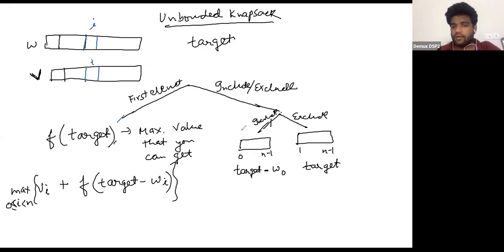Now you have to maximize from the existing set of clothes such that the total weight does not exceed target minus W0, right? So these are the two choices that you have. You will get a V0 here already. Here you don't get anything. So you will take the maximum out of these two. Is this second decision clear to everyone?